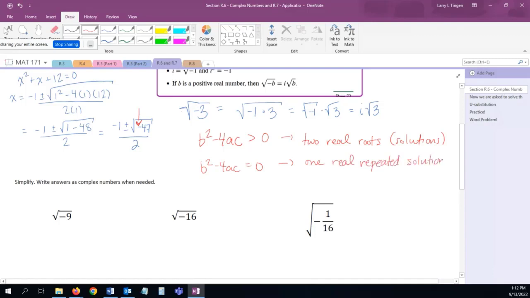And I'm just going to say root and solution, same thing. And now we're introducing the situation where what's under the radical is negative. And in this case, you're going to get 2 complex solutions.